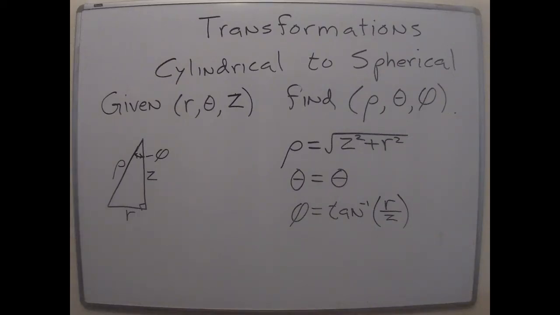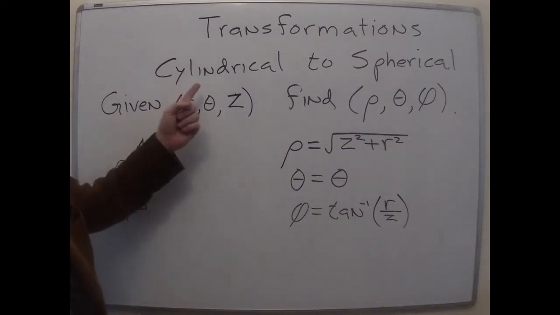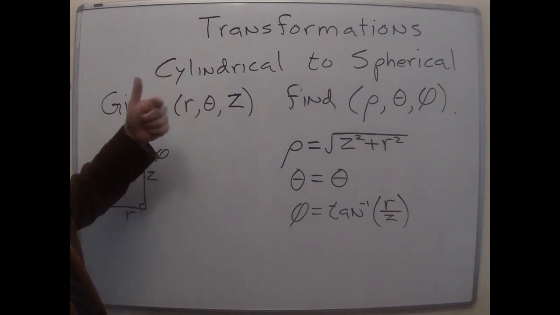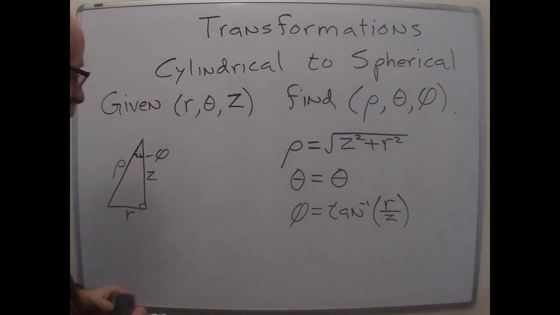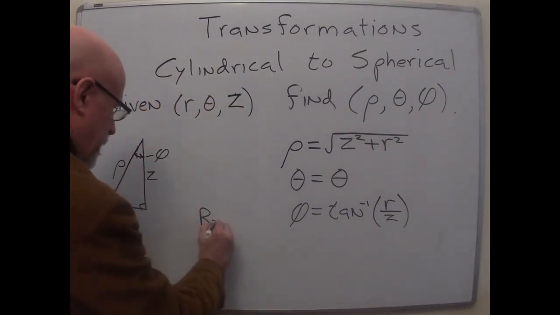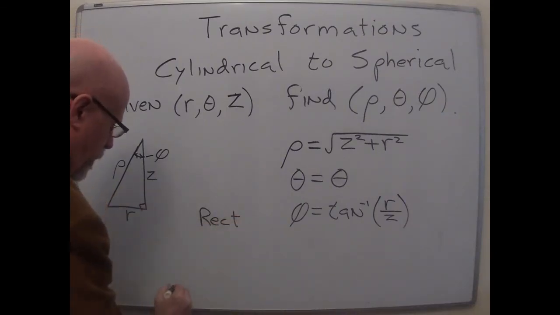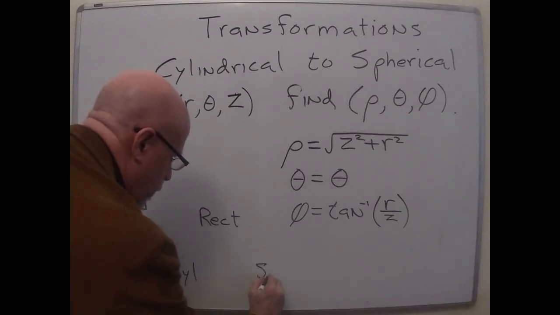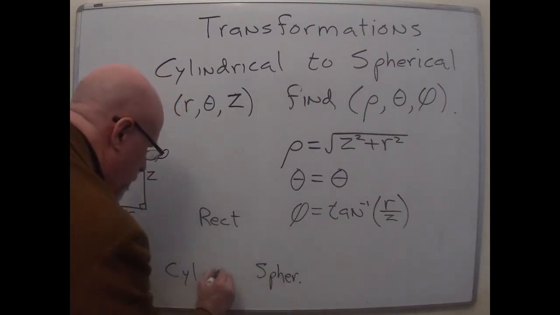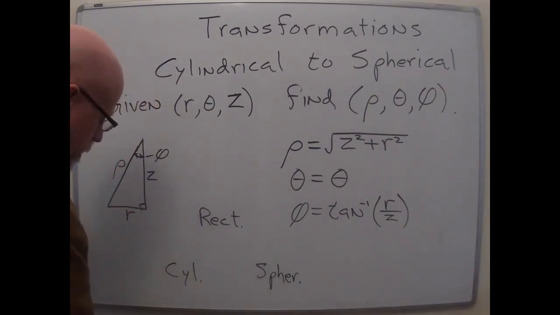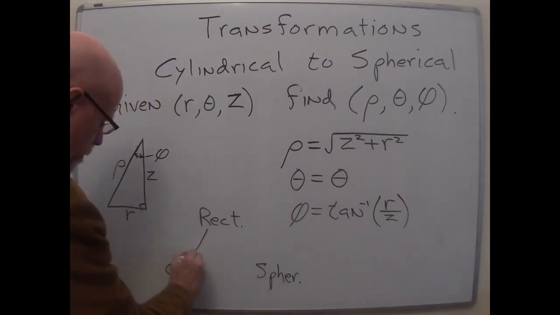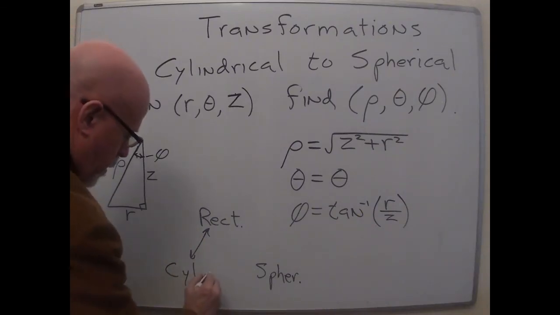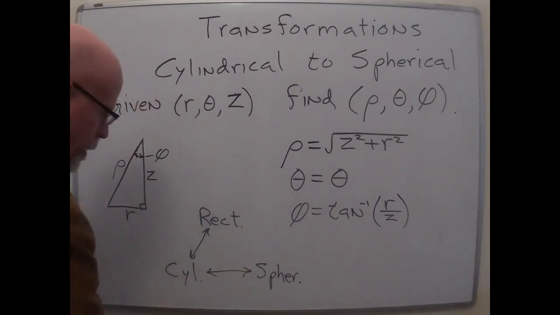Though there is one last stage, which is to convert from whichever one we have back to rectangular. So really, let me just try to picture this for you. Rectangular, cylindrical, spherical. We have done this way in both directions, and we have done this way in both directions.